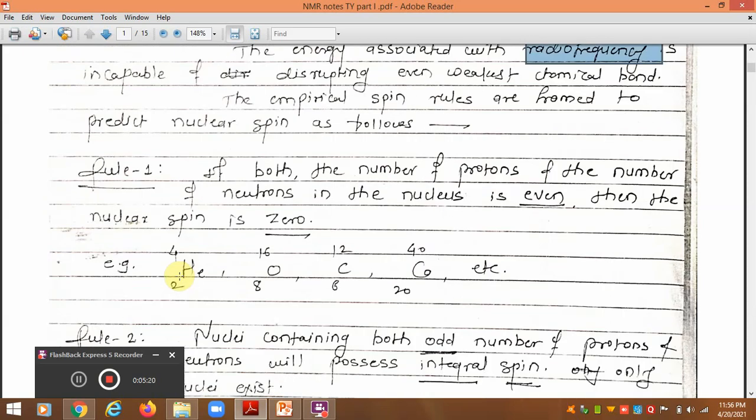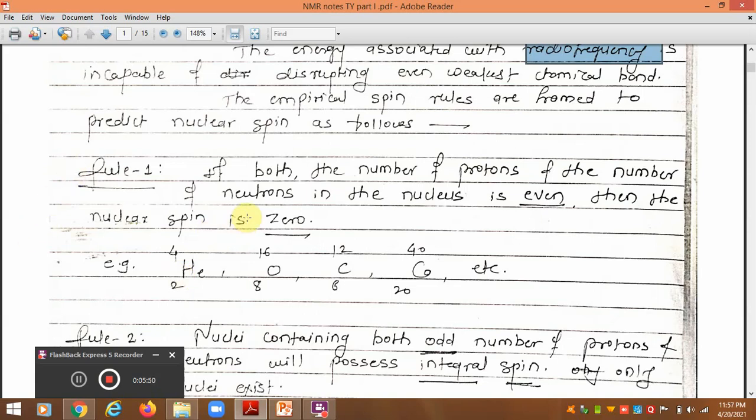So for NMR spectroscopy, the spin of the nucleus is very important. What the spin of the nucleus is will decide the nature of the NMR spectra, and that's why it is essential to calculate the nuclear spin of the given nuclei. In order to calculate the spin of the nuclei, there are various rules which can be used.